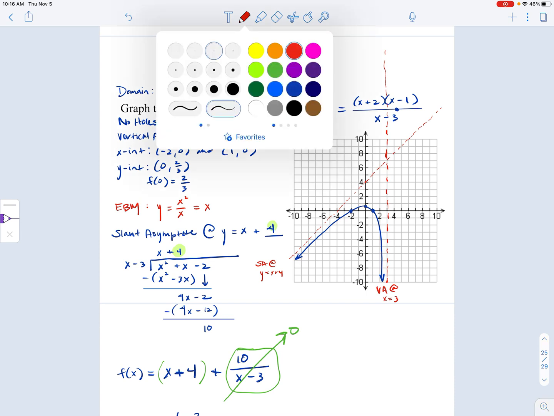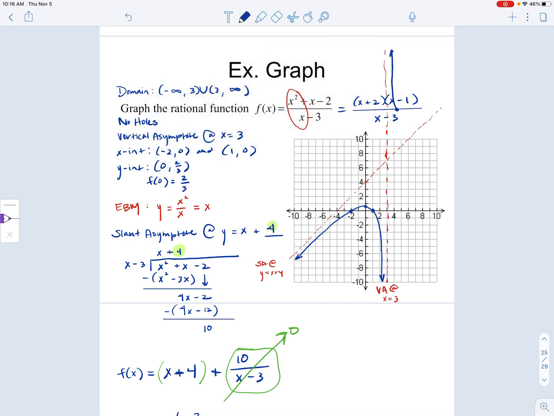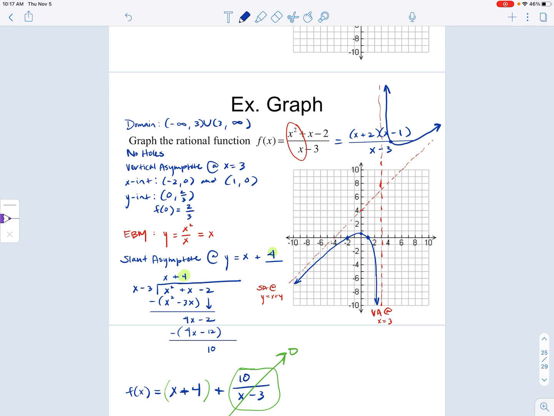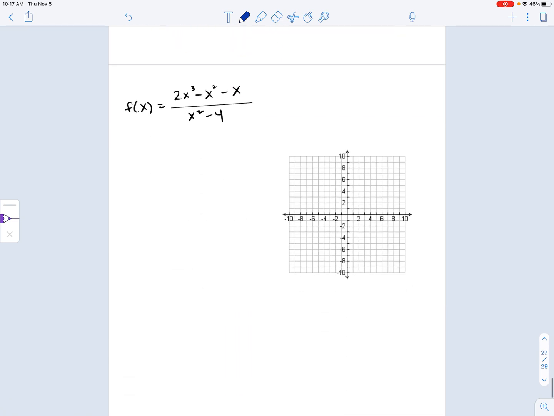So if we think about the vertical asymptote extending, the graph is probably, as x approaches 3 from the right side, approaching positive infinity. And then as x approaches positive infinity, the graph will approach y equals x plus 4, our slant asymptote. So the function approaches positive infinity as x approaches positive infinity in the same way that the slant asymptote y equals x plus 4 does. So that's a rough sketch of this graph.